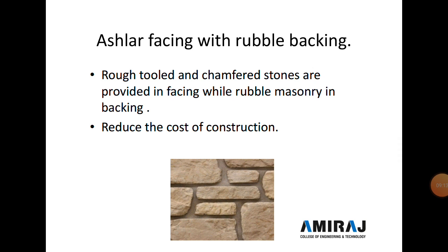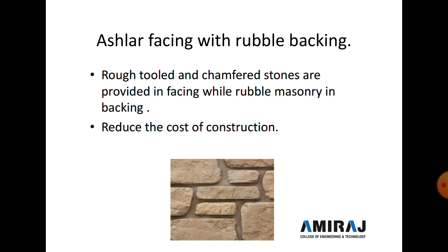Now in the next lecture we will discuss the hollow concrete block. In it we discuss the size of the block, then the advantages of the hollow concrete block, the area of application, the construction methodology of hollow concrete blocks, the situations where hollow concrete masonry is used, and the tools and plants used for hollow concrete blocks.